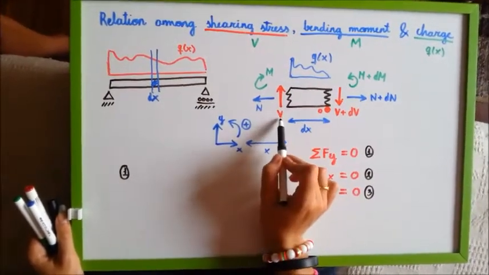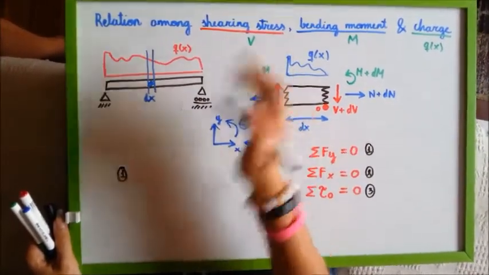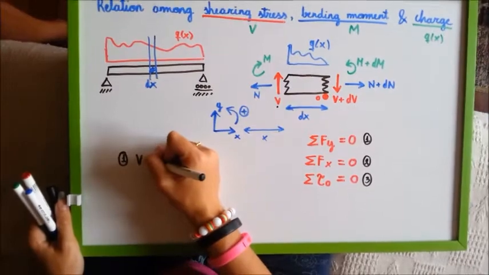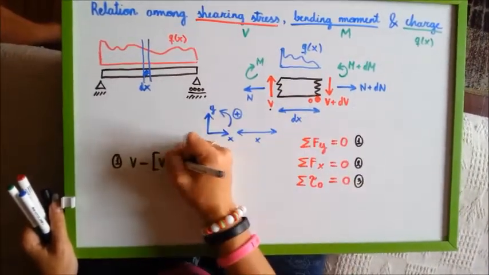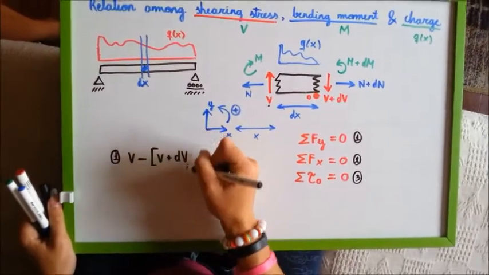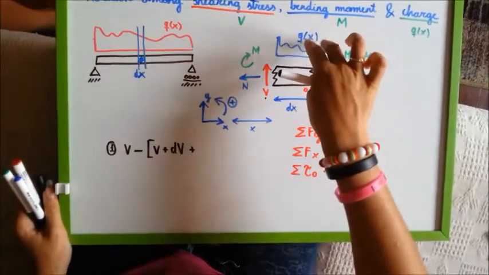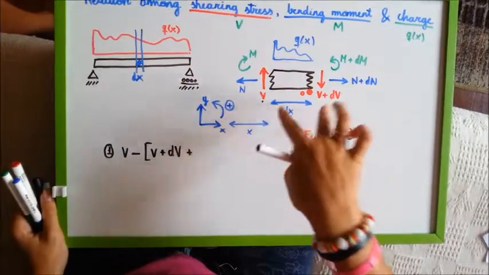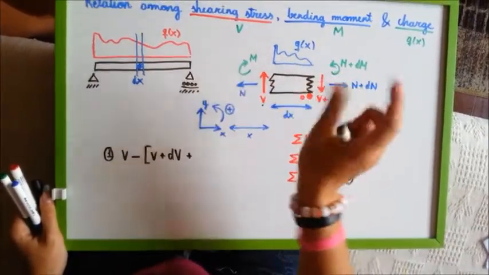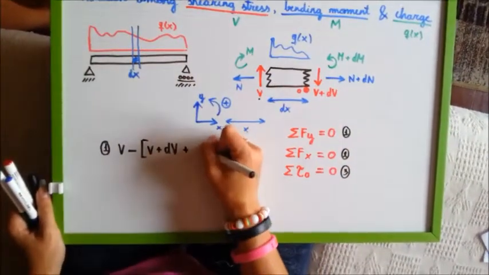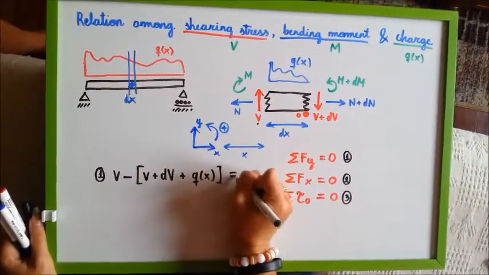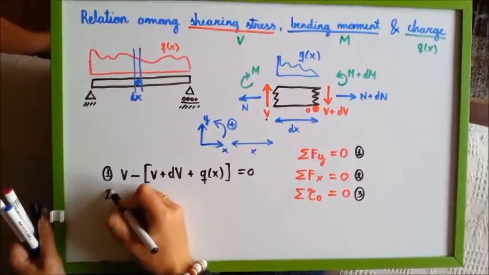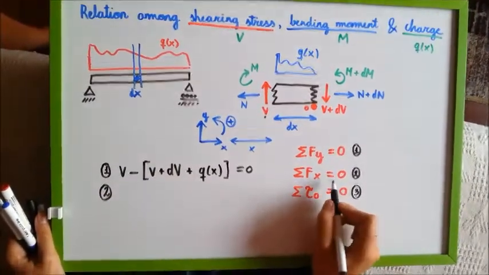So what will we have here? V positive, V minus V plus dV, plus q of x times dx, that is the weight of this portion of beam that we have taken, equals 0. The second, in the X direction, what do we have?